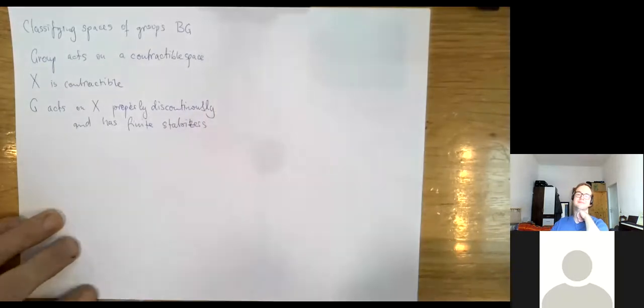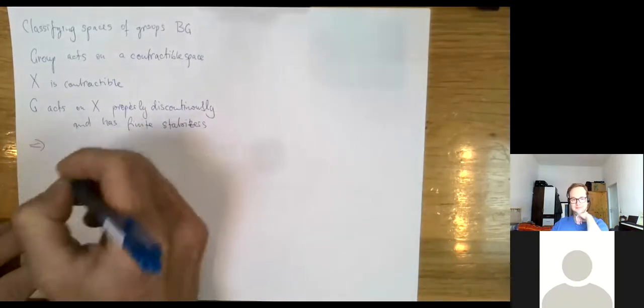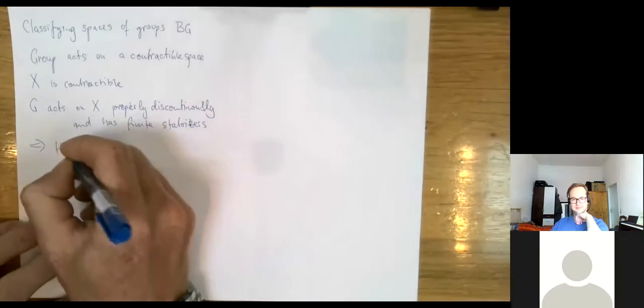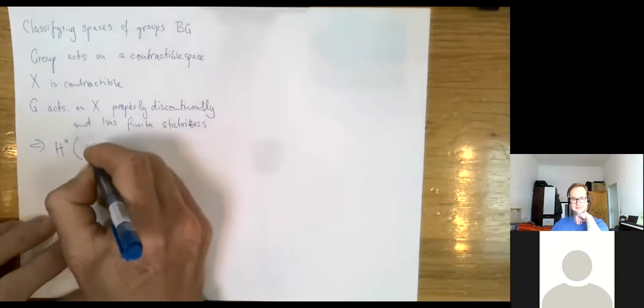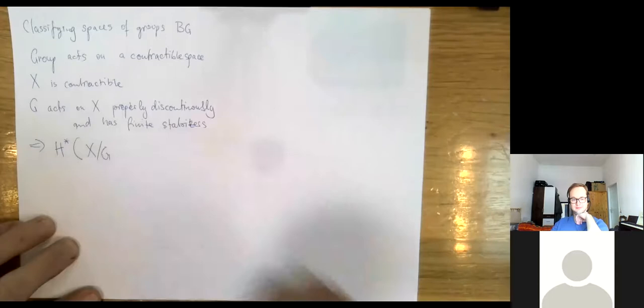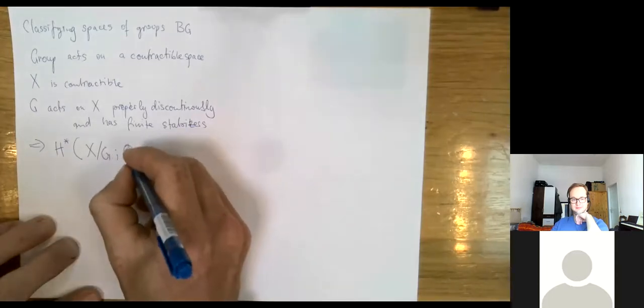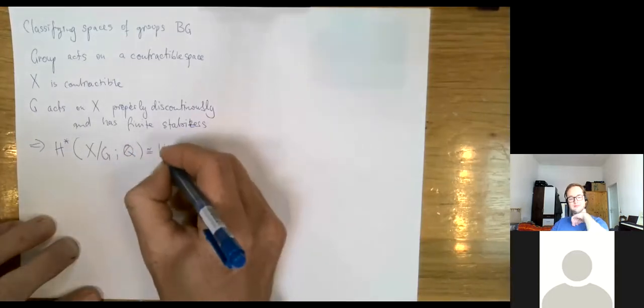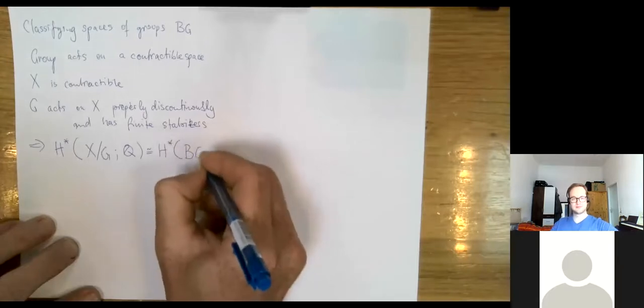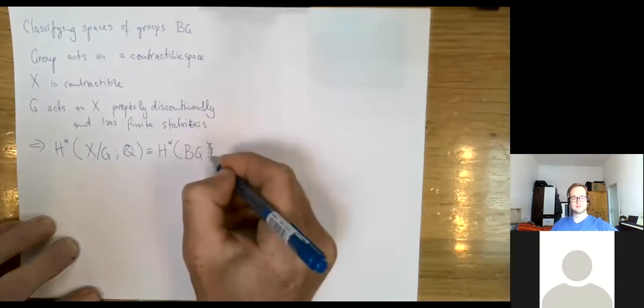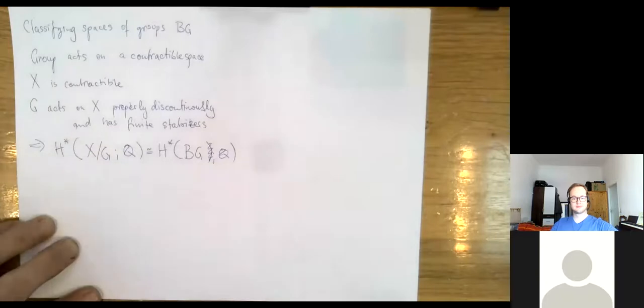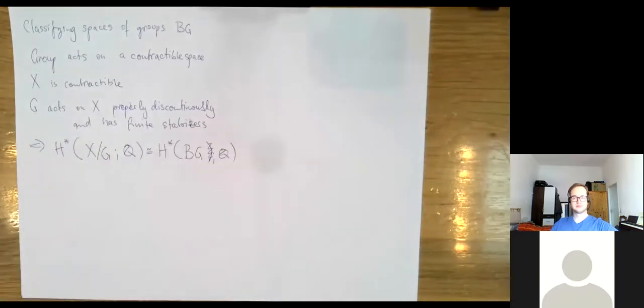Then the cohomology of the quotient X/G with rational coefficients is going to be the same as the cohomology of the classifying space with rational coefficients. And that's something we're going to use a lot in the different examples.